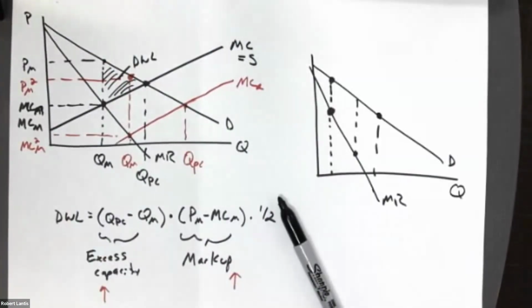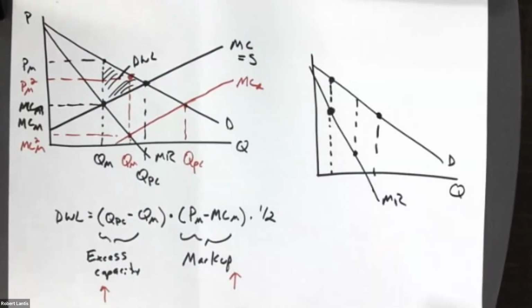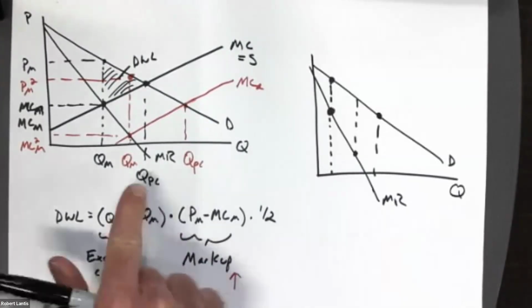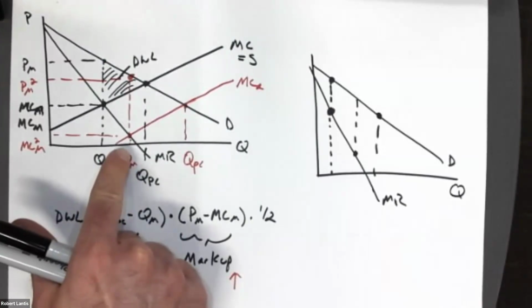So when we have lower marginal cost, assuming that demand stays the same, some of this is intuitive. If a firm can lower their cost but face the same demand and they have monopoly power, their costs are lower, so they're going to produce more than they were before.